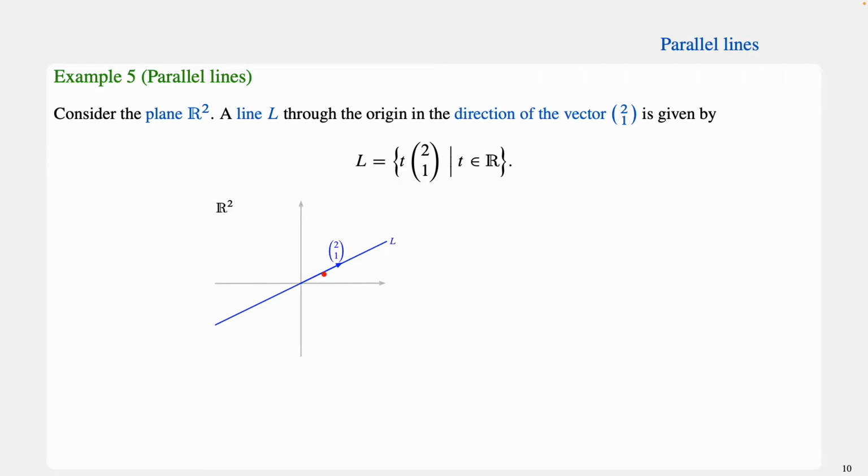And so all the stretched or shrunk versions of this vector lie on this line. So if we take the set where this parameter t runs through all the real numbers, then it precisely traces out this line through this vector (2, 1) here. So you should think of this as extended to infinity in all directions.